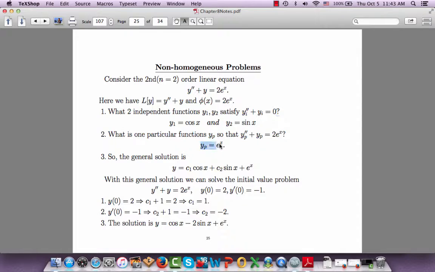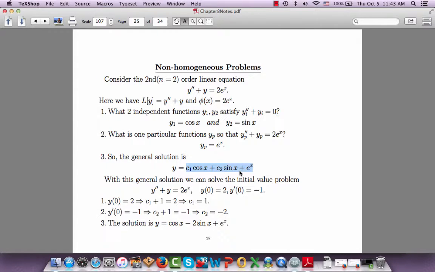So if I let yp be e to the x, then of course this is satisfied because I just have e to the x plus e to the x. That's 2 e to the x. So we found this general solution of the homogeneous problem, we've added to that a particular solution to the general problem where the right-hand side is not 0. So this is our general solution y.